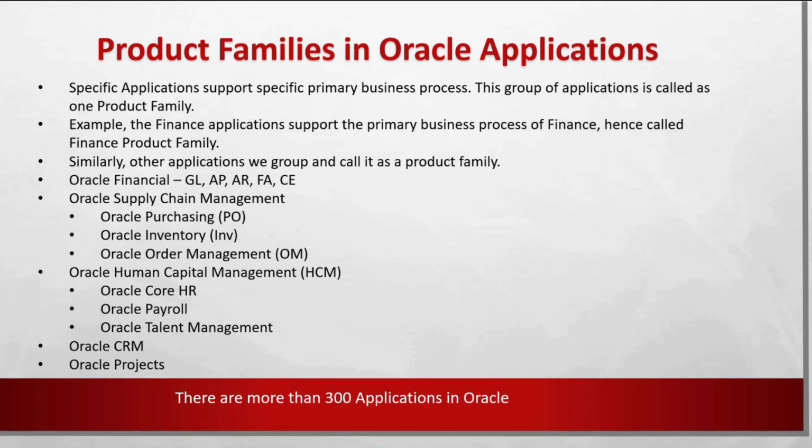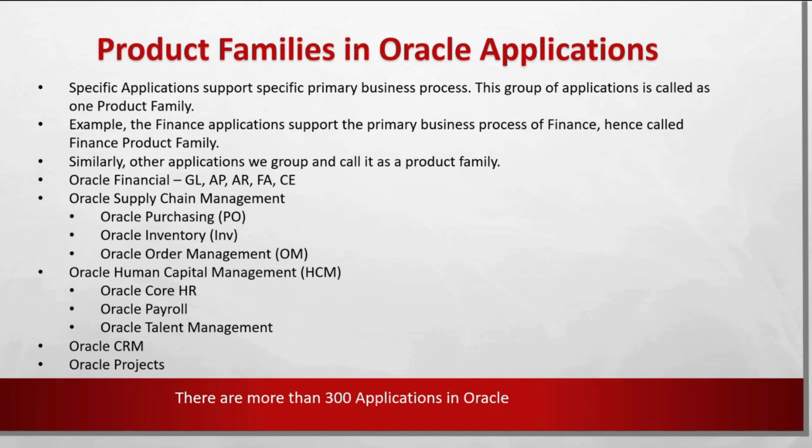In Oracle, we can call each application an application or a module, like the GL module, AP module, or purchasing module or purchasing application. These words are used interchangeably. Here we have Oracle Purchasing, Oracle Inventory, and Oracle Order Management under the supply chain management family.